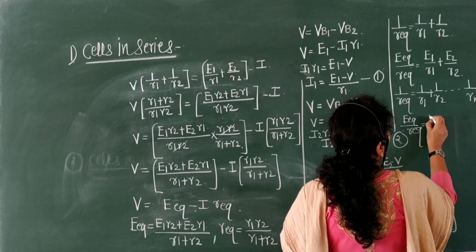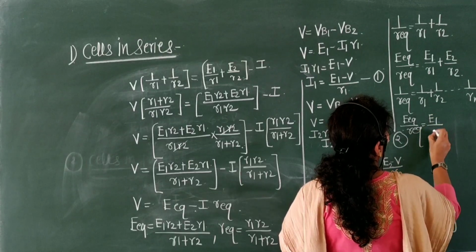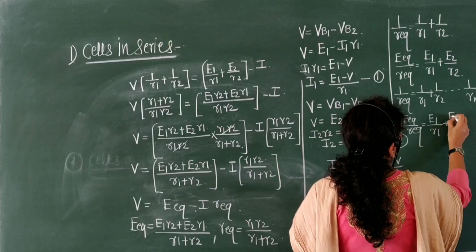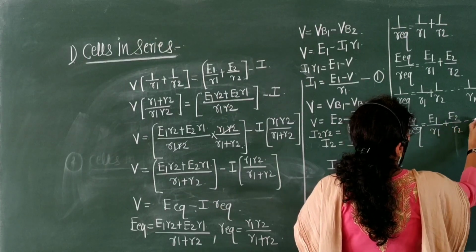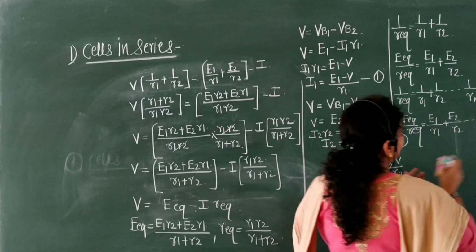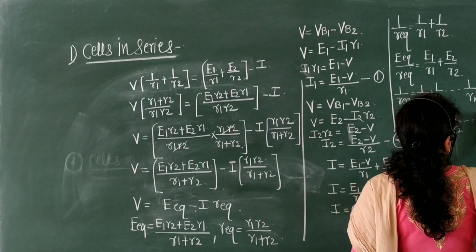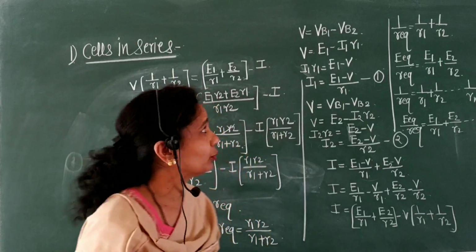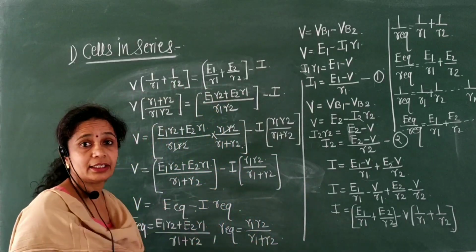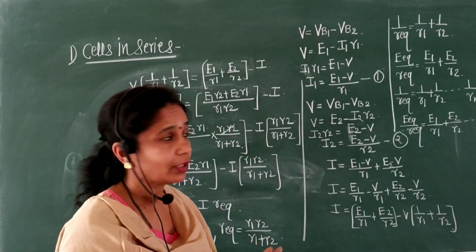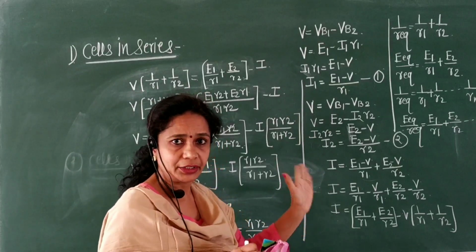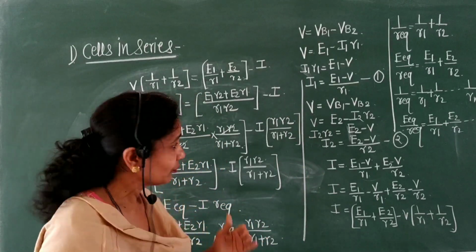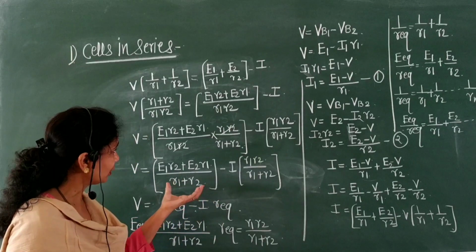E equivalent upon R equivalent is equal to E1 upon R1 plus E2 upon R2 up to En upon Rn. This is all about the cells in parallel. Okay? These equations are given in your book. Okay? And these equations are given directly.